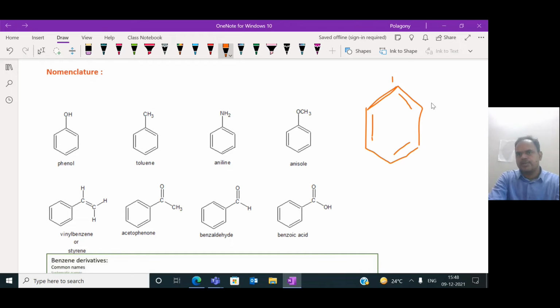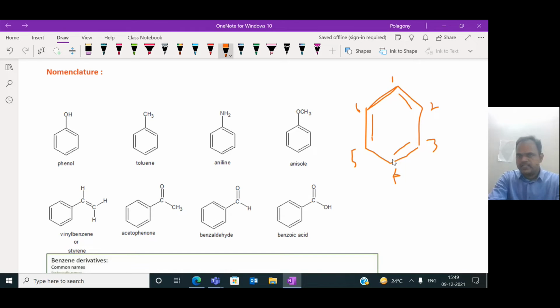The first carbon, second carbon, third, fourth, fifth, and then sixth. So there are 3 pi bonds present, starting from 1, 3, 5. Then we can write that molecule.